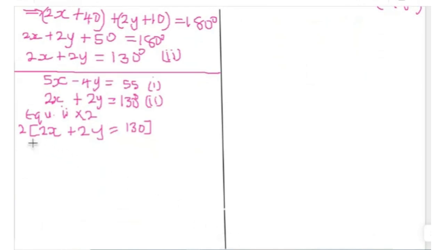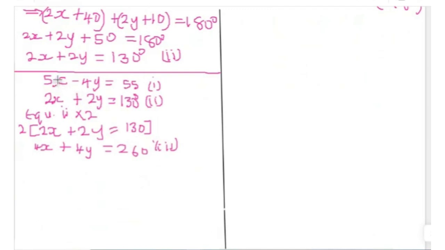So this gives us 4x plus 4y equals 260. We call this equation 3.